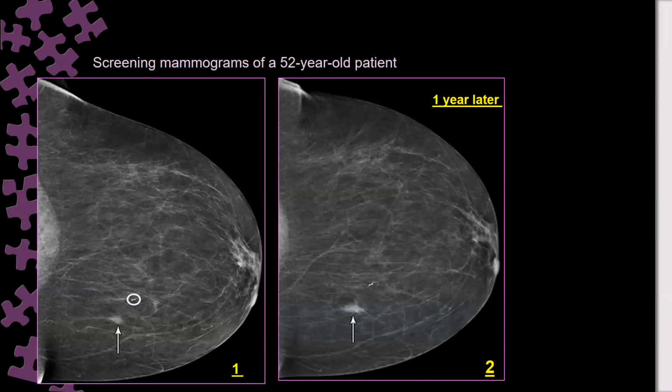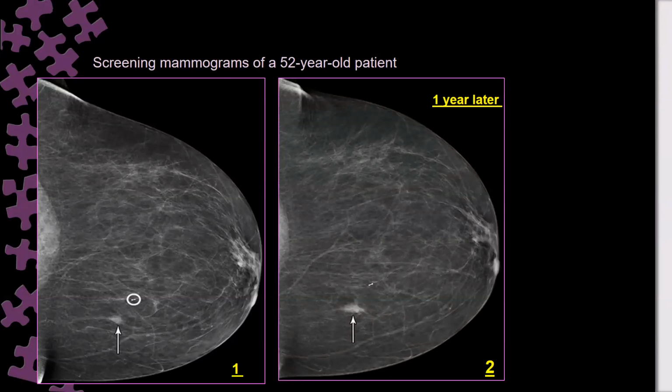One of you can take this case and tell me what is going on. What is wrong, is there any abnormality, and how you can read this mammography. Cranial view of left breast, showing ACR1.